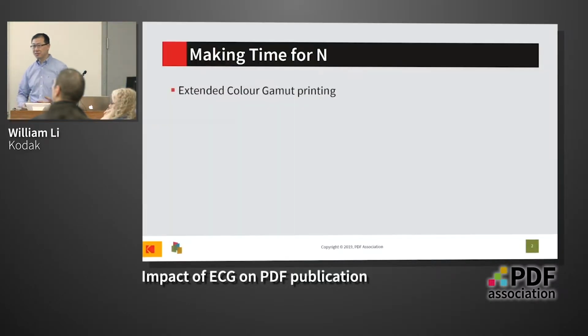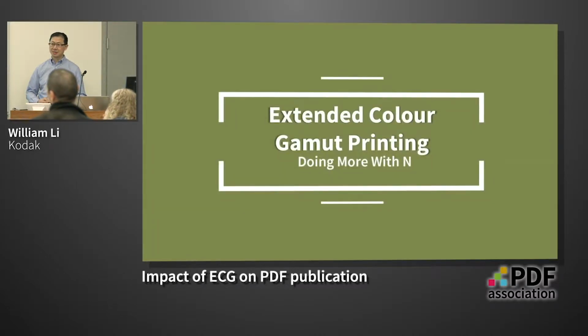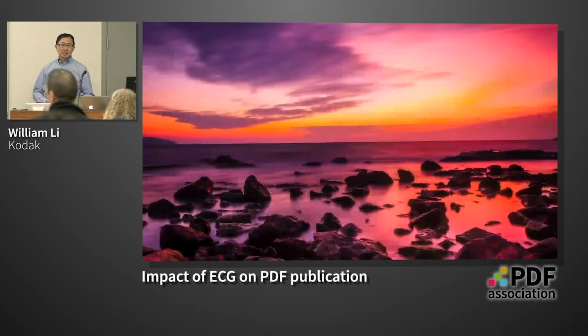First off, ECG, extended color gamut printing, which was reproduced in the talk description, but of course doesn't actually tell you anything about what it is that I'm going to talk about. So hopefully I'll talk about what I'm going to talk about throughout this talk. Color is about a little bit more than just making pretty pictures.